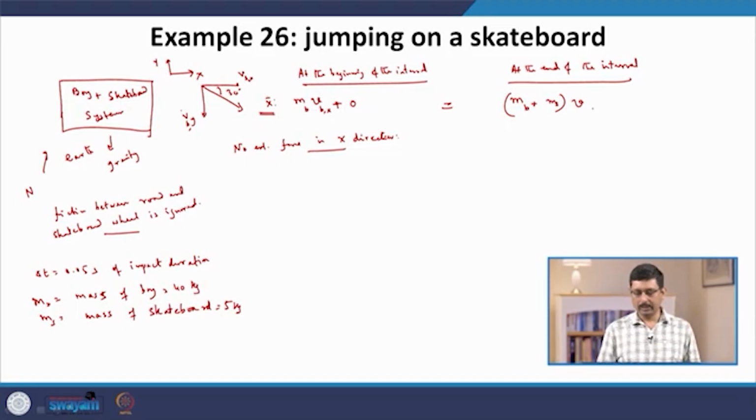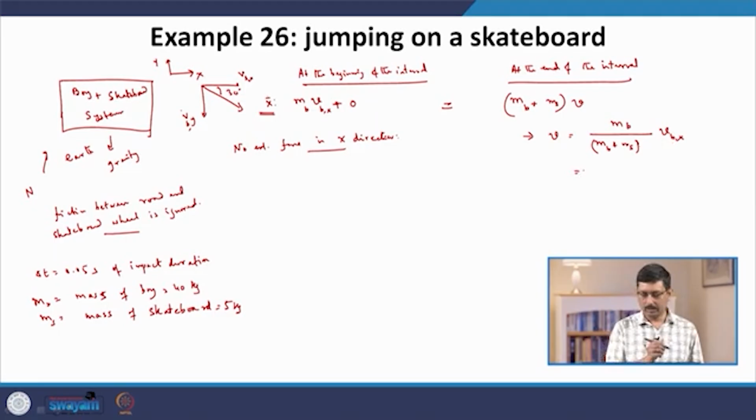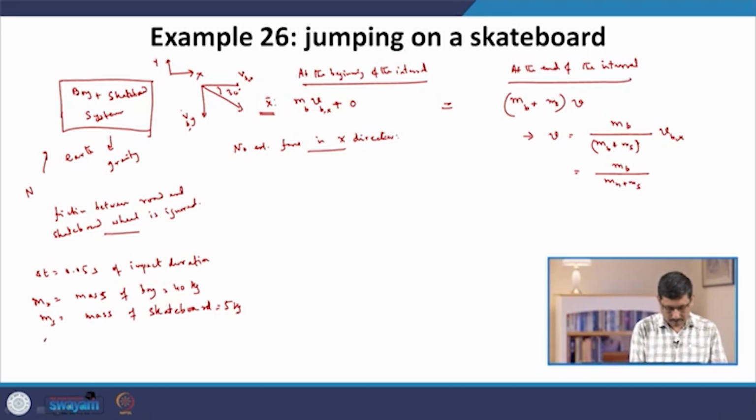So, this will immediately give the V as mb times, now, given this picture, the x component of the initial velocity.